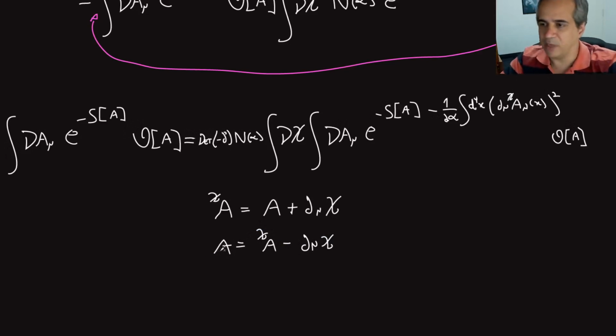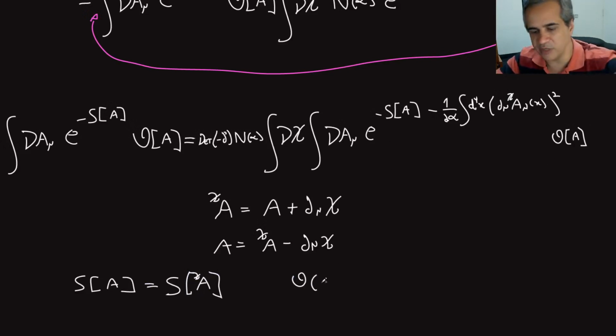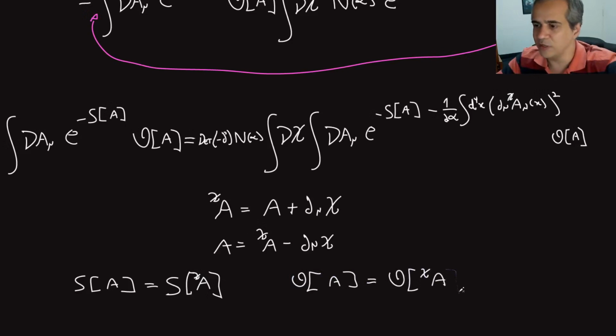The point is that the action itself is gauge invariant. That's why we are discussing all of this in the first place. So I can put or remove a χ here at will. Same for any observable. Any observable that makes sense in a theory like that must be gauge invariant. Otherwise, I could observe which gauge I'm in, which makes no sense.